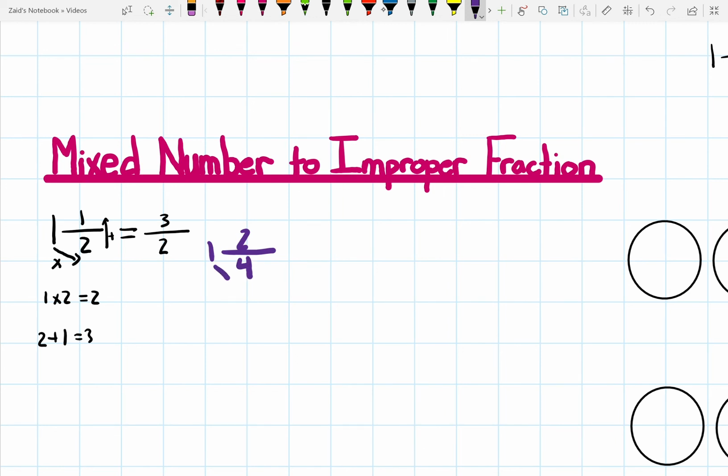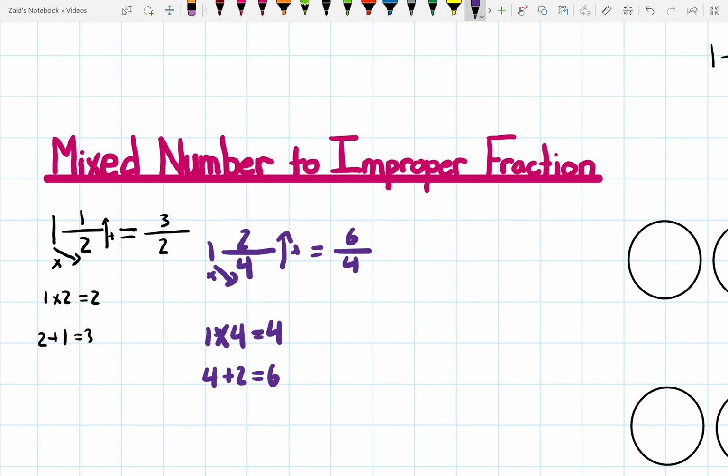What we would do is multiply 1 with 4 and then add it with 2. So 1 times 4 gives me 4, and then 4 plus 2 gives me 6. So that means my improper fraction is 6/4.